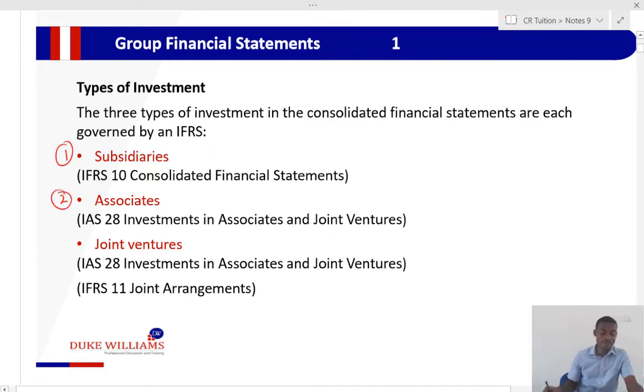The second is the associate under IAS 28. The third is joint ventures, or what we can say joint operations. We account for it using IAS 28 and also IFRS 11. So these are the three main investment types we'll be looking at as we consolidate the financial statements of two or more entities.